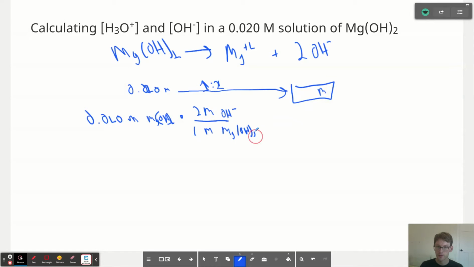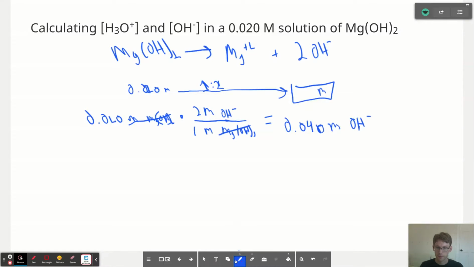All I'm trying to show is that we have a higher molarity of hydroxide than we had of magnesium hydroxide. So we end up with 0.040 M hydroxide ions, and that will play a role in our calculation.